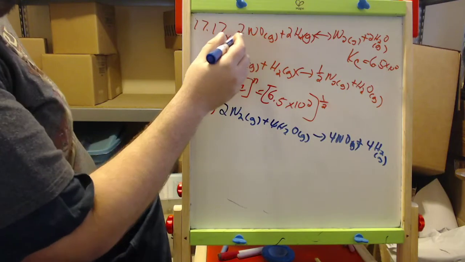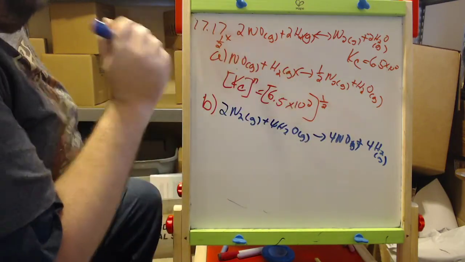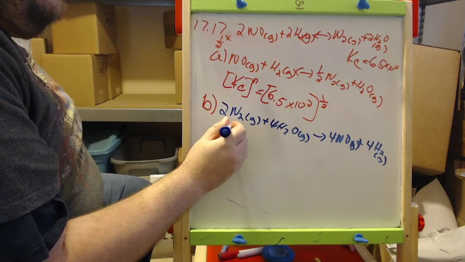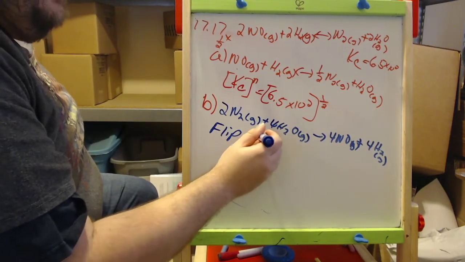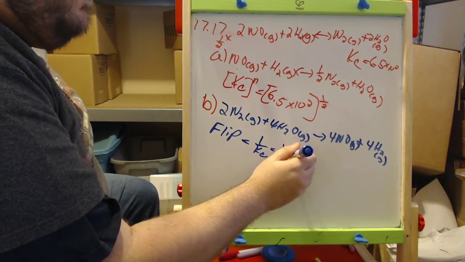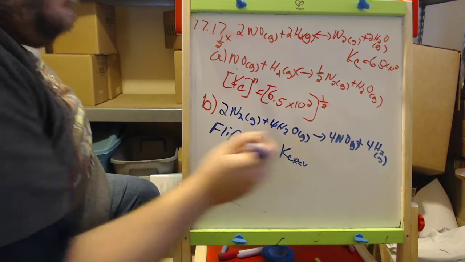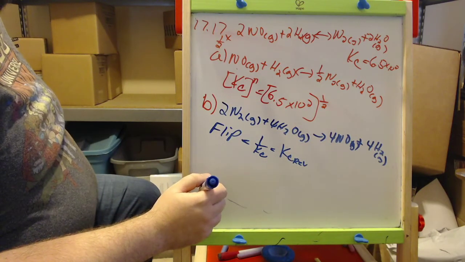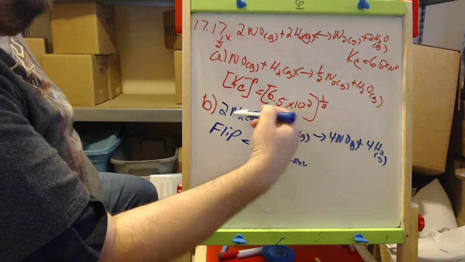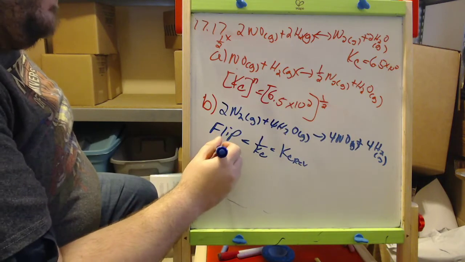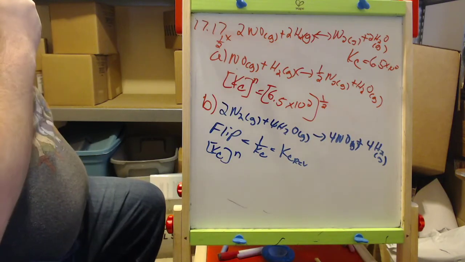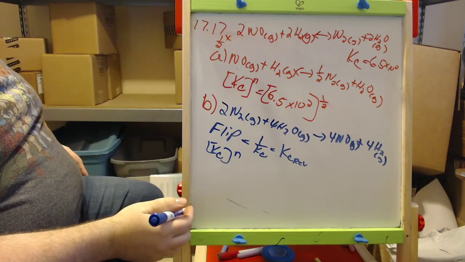So if we compare this first red equation to this blue equation, the first thing I notice is that it's flipped. So it was flipped, which means that I have to do 1 over my Kc, which is Kc reverse or Kc prime. The second thing I notice is that everything's been doubled. 4, 4, 4, 2. So that's our Kc to the n, where the value is squared.